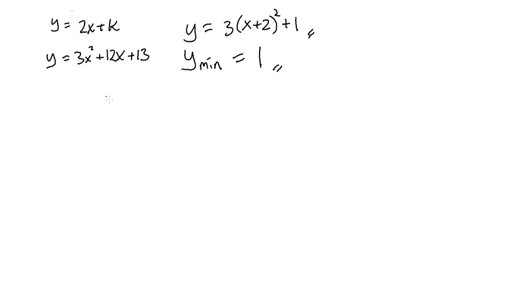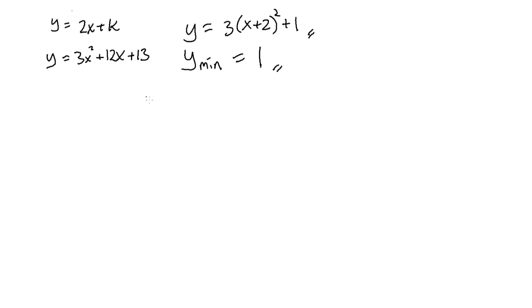Okay, for the last part of this paper, we need to find the value of k, given that y equals 2x plus k passes through the minimum point of the curve y equals 3x squared plus 12x plus 13.